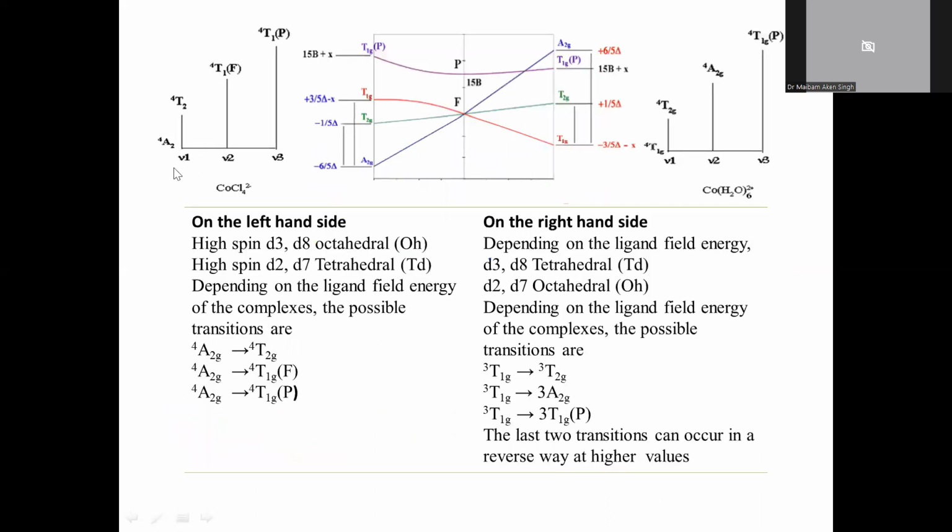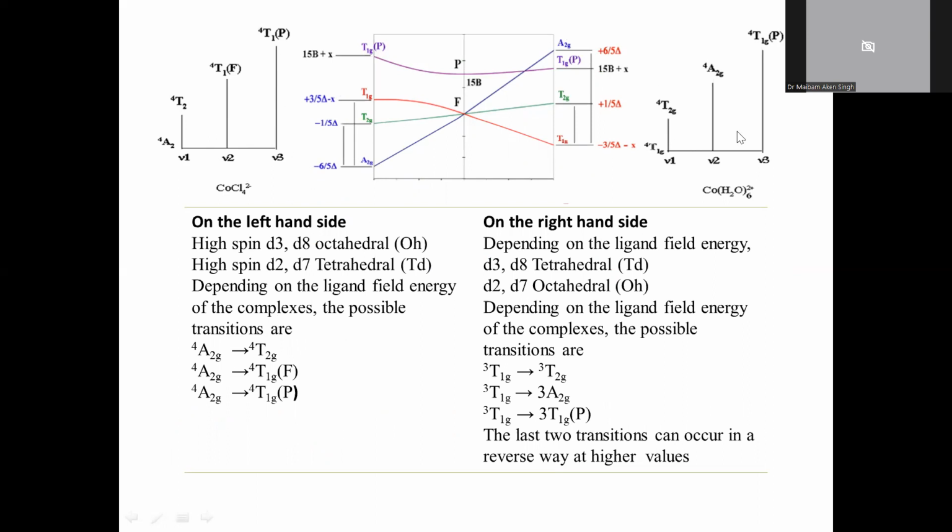Next, come to this here. In the left wing, we will get this one. This is the ground state, A2G, from A2G to T2G, T1G, T1GP, like this. It absorbs less energy, more energy, and highest energy.